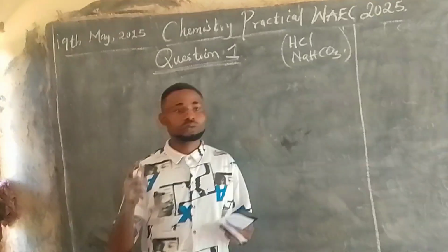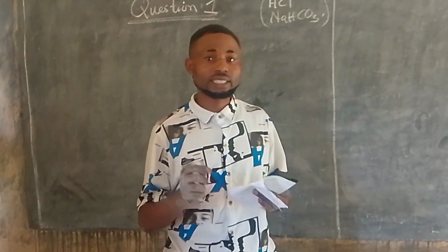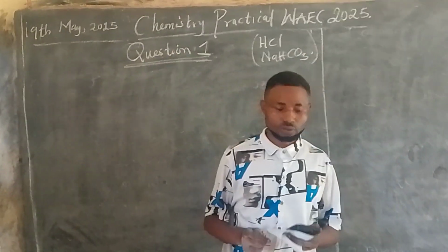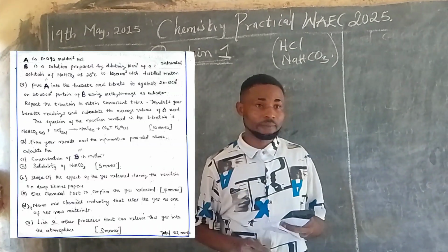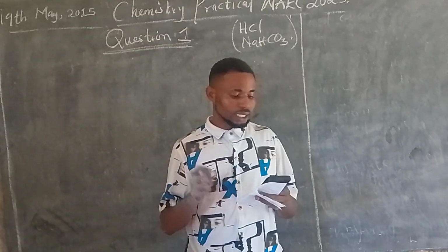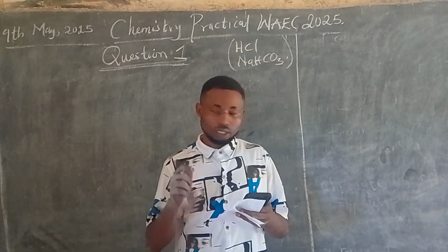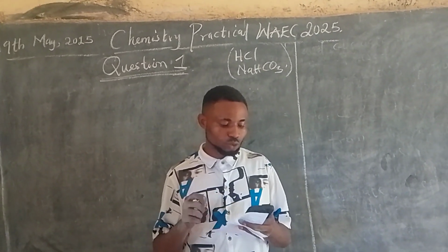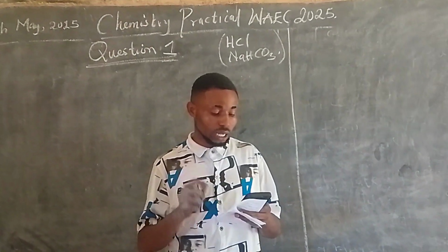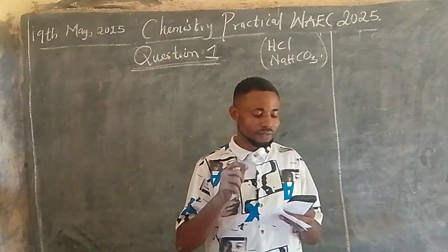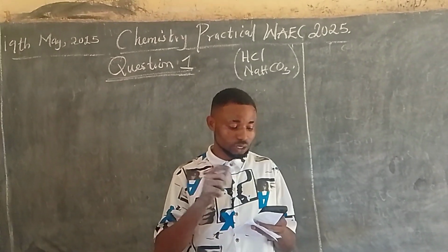Now I'm going to solve a question on volumetric analysis. And the question goes thus: A is 0.095 mole per dm cube HCl, prepared by diluting 10 cm cube of a standardized solution of sodium hydrogen carbonate at 25 degrees C to 1000 cm cube with distilled water.